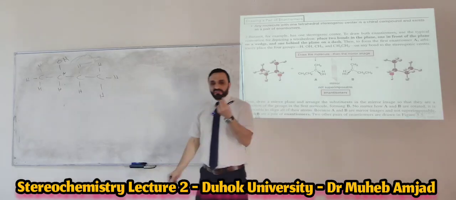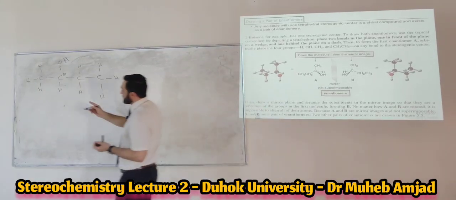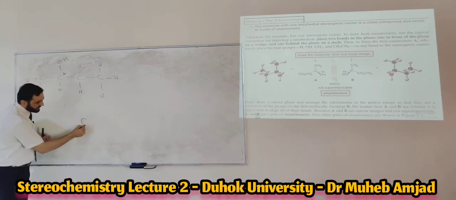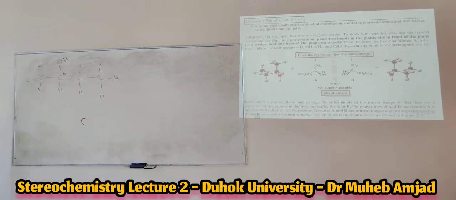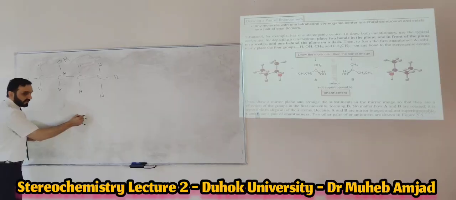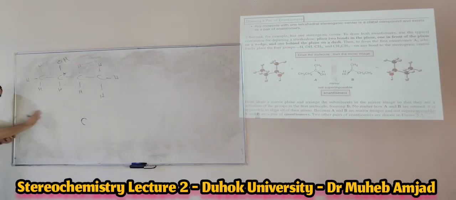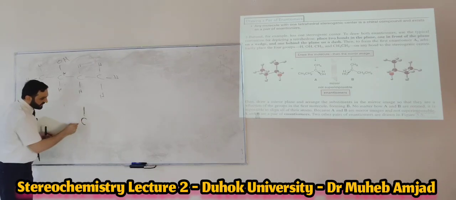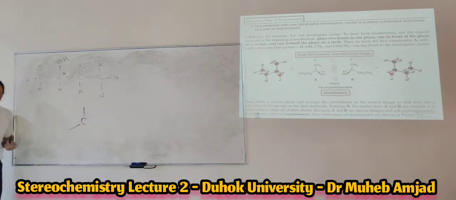Okay. To draw the first isomer, where is our stereogenic center? This carbon. Put the carbon here. This is the carbon. Okay. Now, this carbon has 2 bonds on the plane of the board, okay? This and this, 2 bonds.